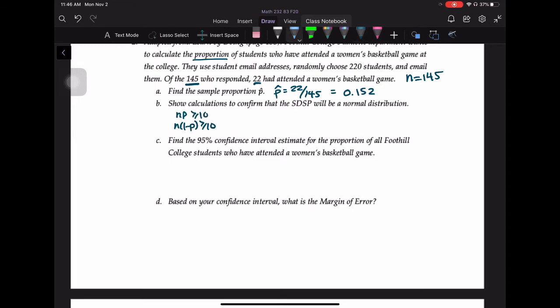However, we can use P hat as an estimate and calculate based on that. So then we'll take our sample size of 145 times 22 over 145, which is 22, and that is greater than 10. And then we'll take 145 times 1 minus 22 over 145, which is equal to 123. That is also greater than or equal to 10, so the normal condition has been met.